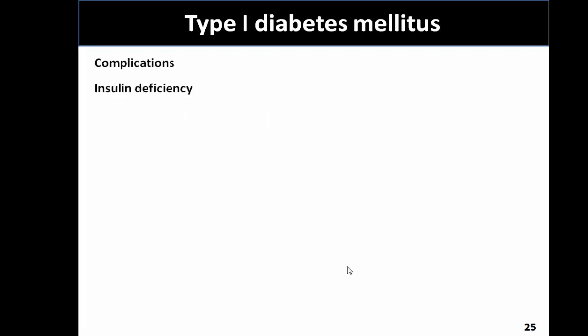So the complications that are related to insulin deficiency, because the beta cells have been destroyed in the type 1 case, is there's an increase in the adrenaline hormones, also referred to as catecholamines. And so if there's a chronic increase in catecholamine production and secretion, that has the effect of increasing overall metabolism in the body, increasing the metabolic rate.